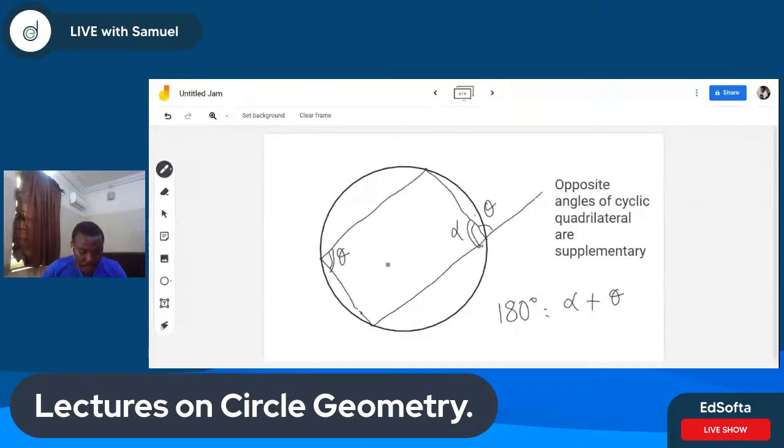The interior opposite angle. So these two angles are also supplementary.